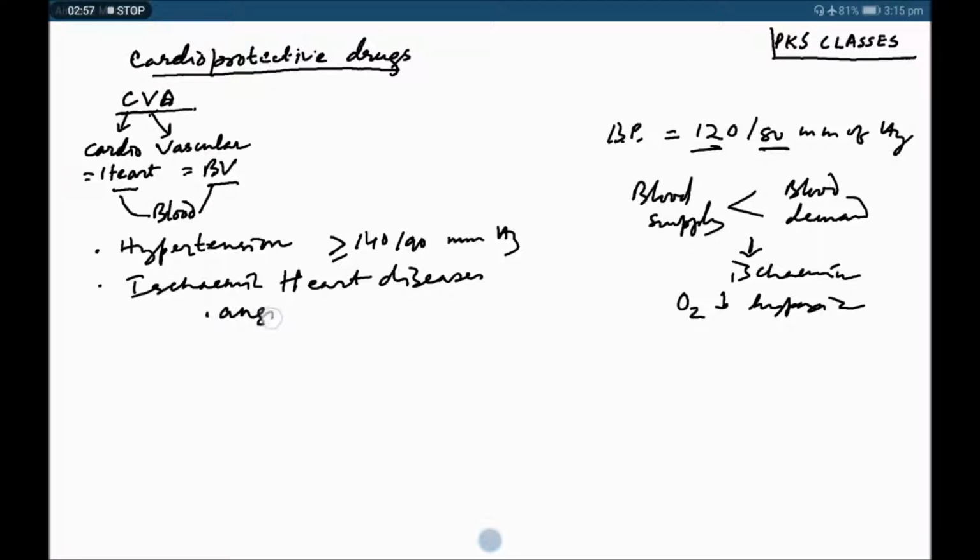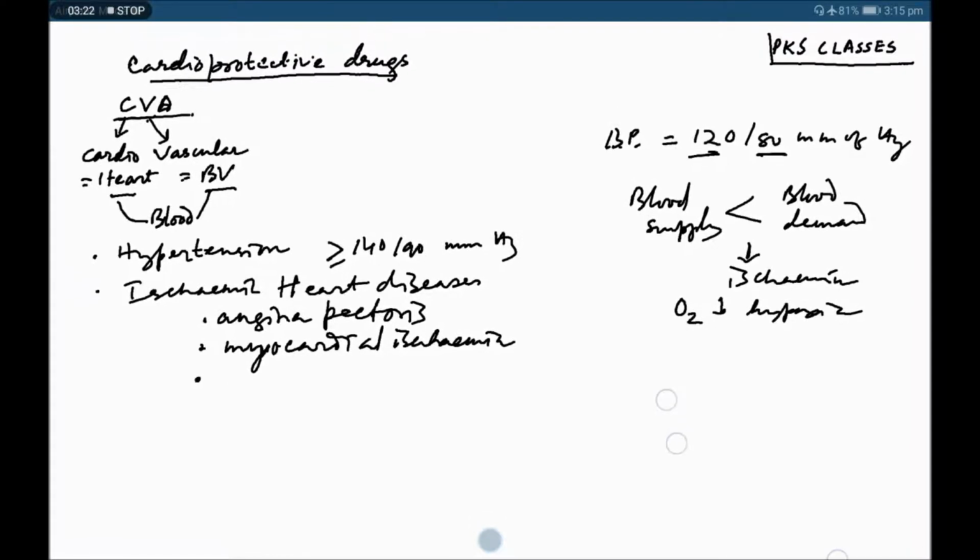Ischemic heart diseases include angina pectoris, which is chest pain, and myocardial ischemia. This is due to disease in the coronary artery.